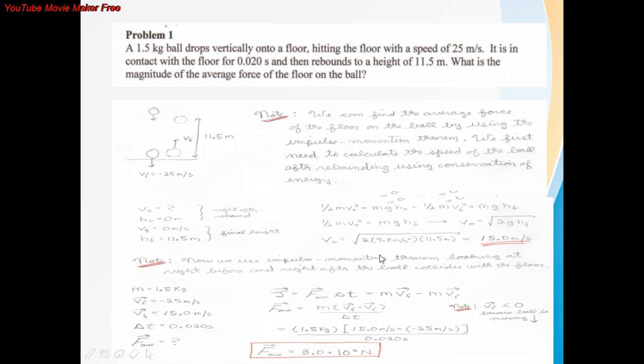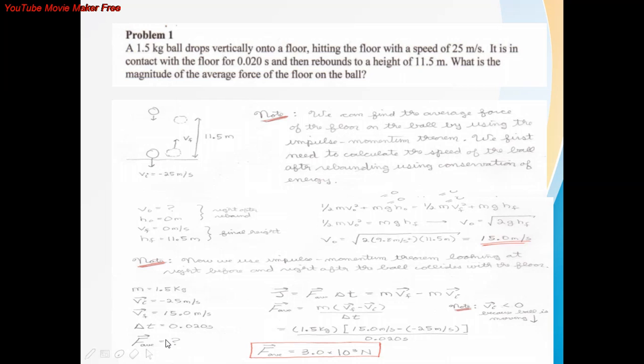That is the velocity when the ball just rebounds, right? Now we know that the initial velocity is 25 meters per second and the final velocity is 15 meter per second. The time of contact between the floor and the ball is 0.020 second.